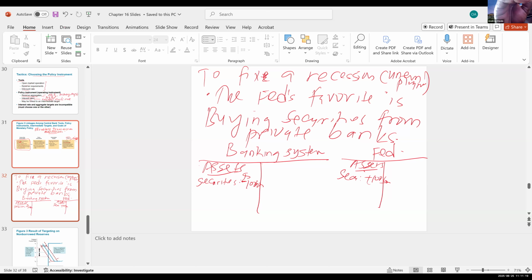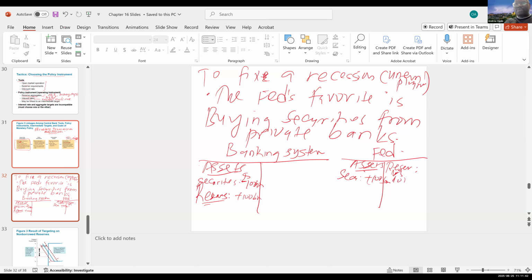Banks have what they call the reserve account. Reserves are bank assets because they're the bank deposit with the Fed. So while reserves are the bank assets, they will show up on the Federal Reserve balance sheet as a liability. That's right. So when the Fed buys something from banks worth $100 billion, the Fed is going to credit the bank's reserve account with the actual amount of the purchase. We talked about this.